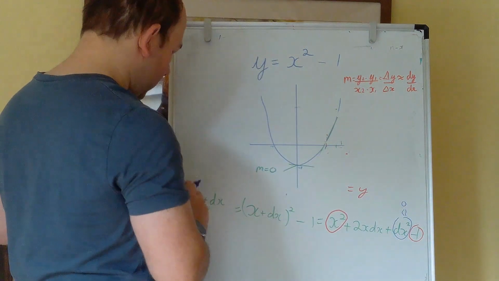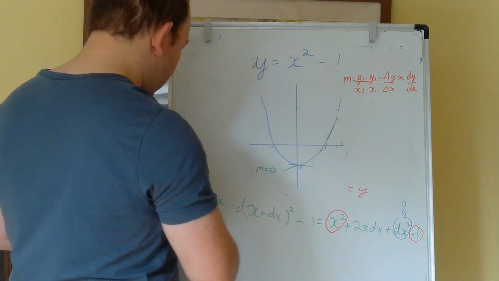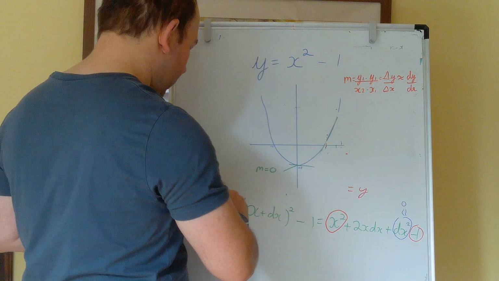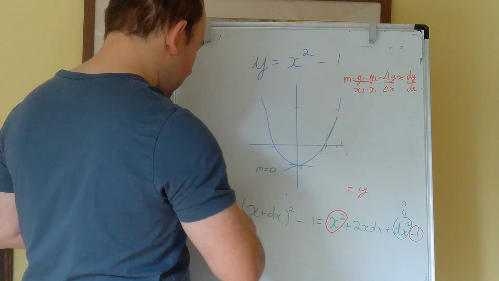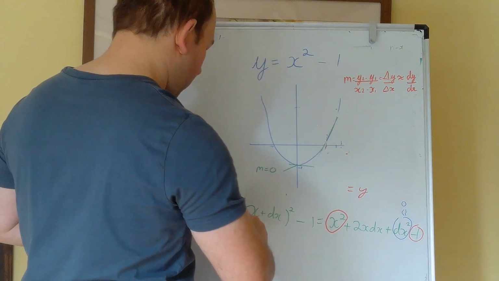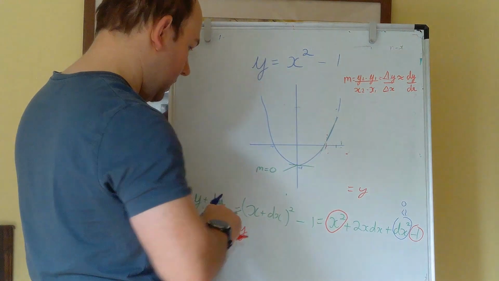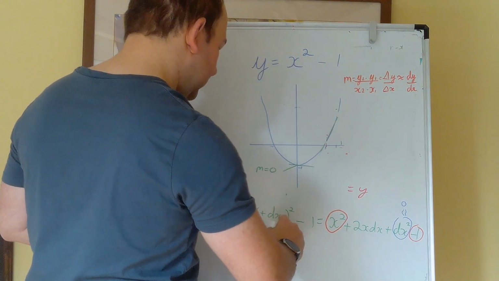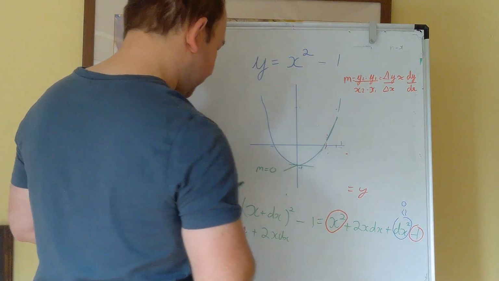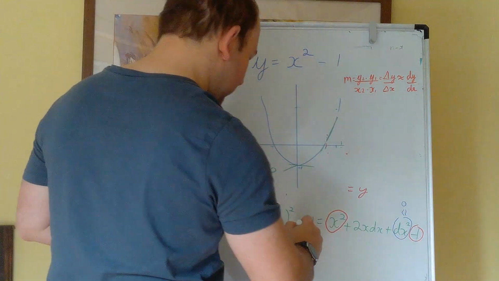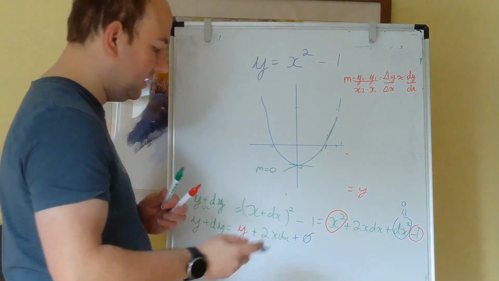So we now have y plus, that should be dy up there, dy is equal to, I'll do this in red, y plus 2x dx, and this term is going to be equal to 0, so we can cancel it out, it doesn't mean anything.